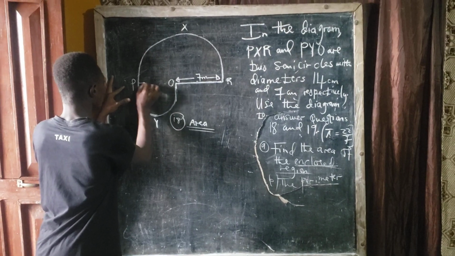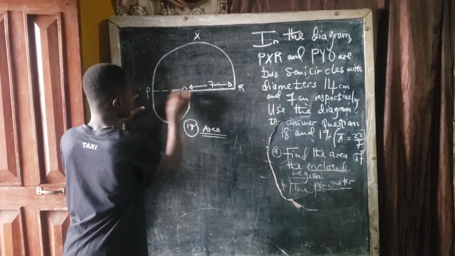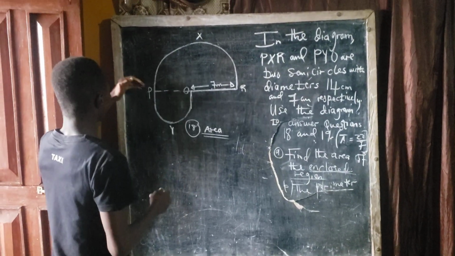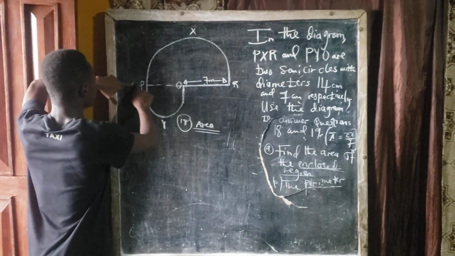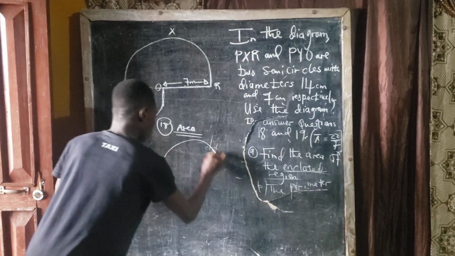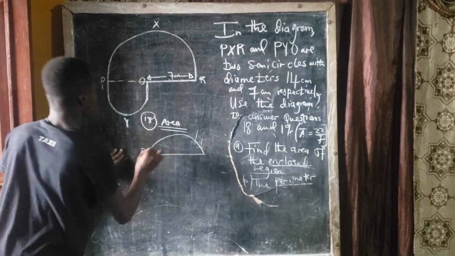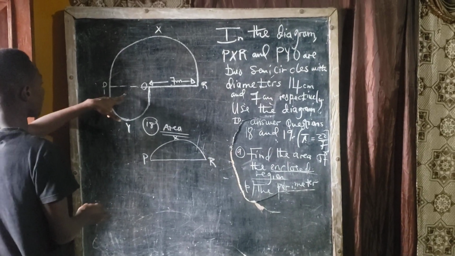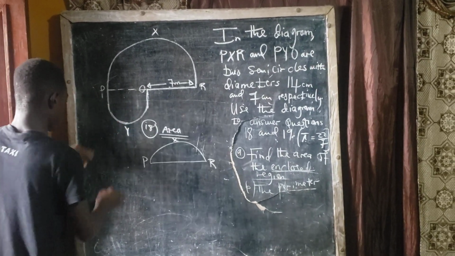Let's draw a shadow line here to complete this line. We have two semicircles. PXR is one semicircle, and we also have another one, which is PYO.